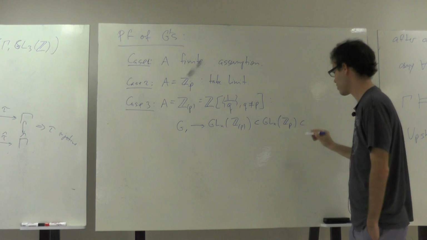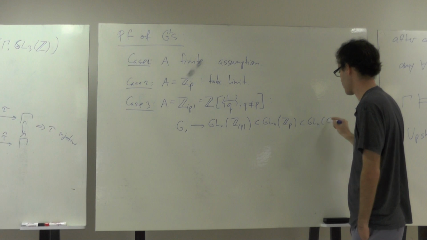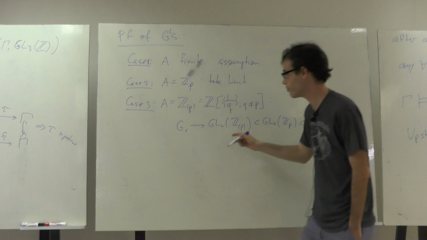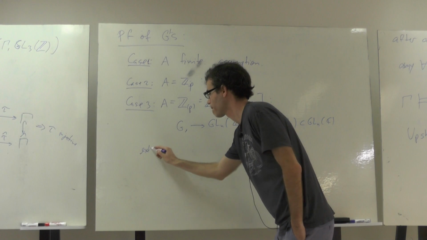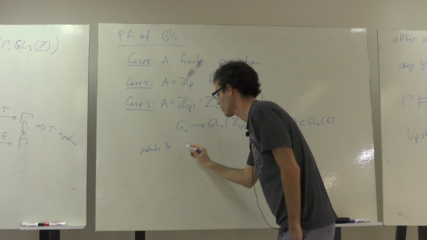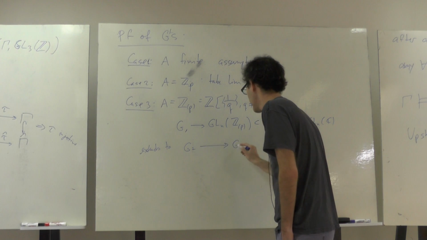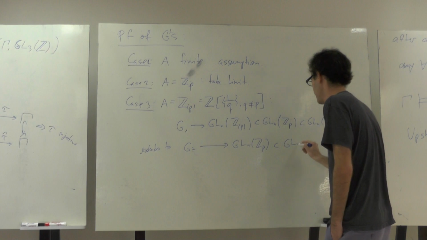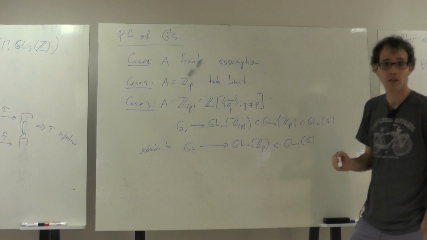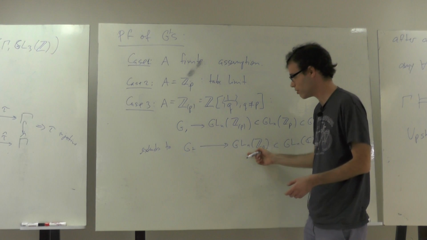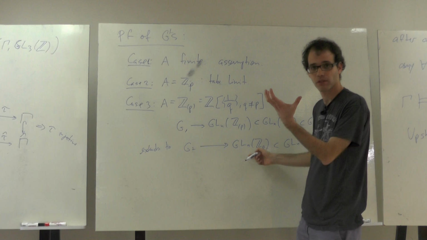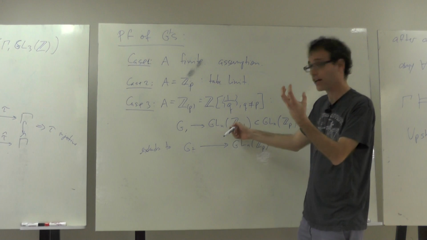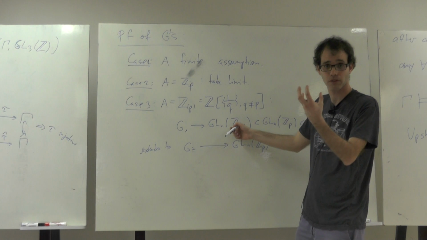It's actually contained also in GL_N of C. You know you can extend this to a homomorphism from G2 to GL_N of Z_p, again inside GL_N of C. You want to prove that actually the entries of the matrices that you get are not just p-adic numbers, but are actually rational p-adic numbers.